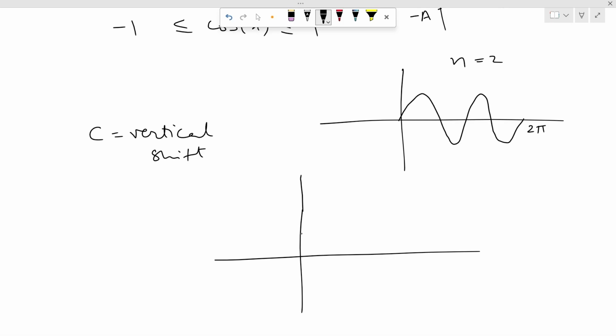Let's say if I add plus 1 here, the entire function will shift up by 1. So this function here is the same function of amplitude 1, sine 2 pi. It has a single wave, so the n is 1 here, but it also has a plus 1. It shifts the entire function 1 unit upwards. Similarly, it can also be a negative number.